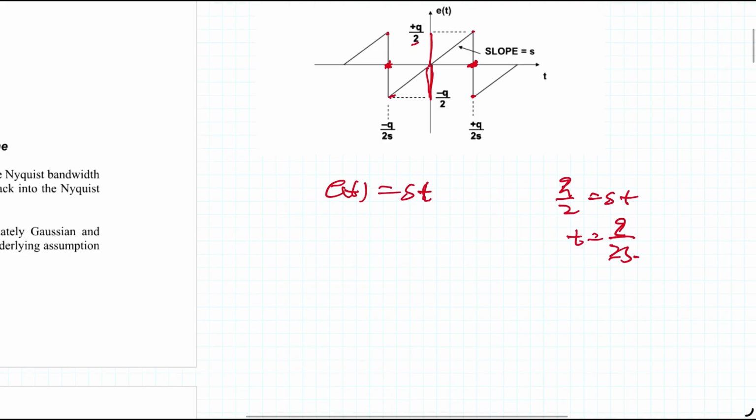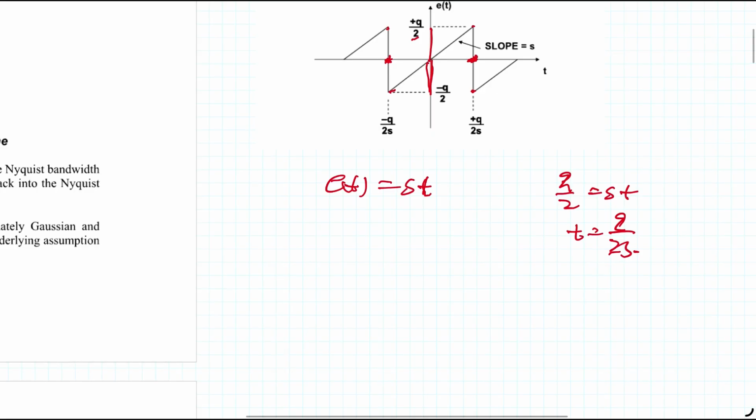With all the information here, what we really want to know is the RMS value of this triangular wave. We have talked about this before. We call it E_RMS. We take the square of the RMS value, which has the unit of power.